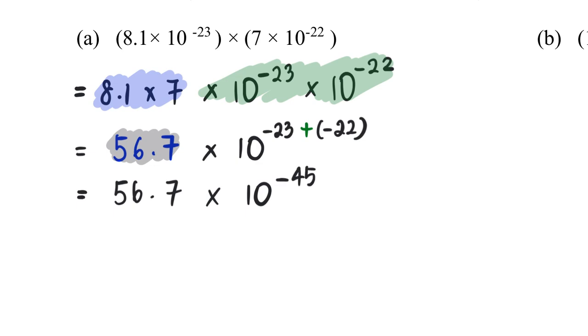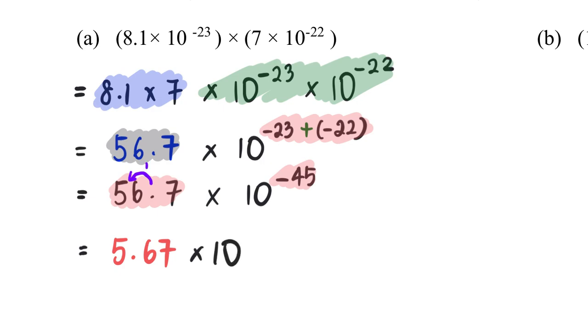Okay, so this power will give me negative 45. Next, is this the standard form? Nope, because I could continue to rewrite 56.7 as 5.67 times 10 to the power of, I move this one time, 1.